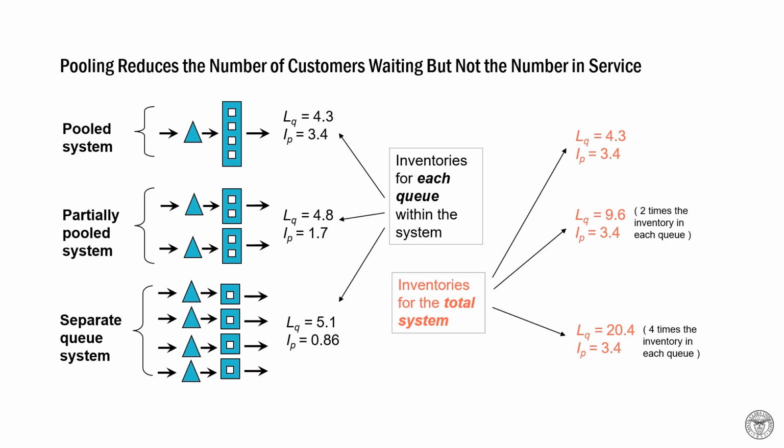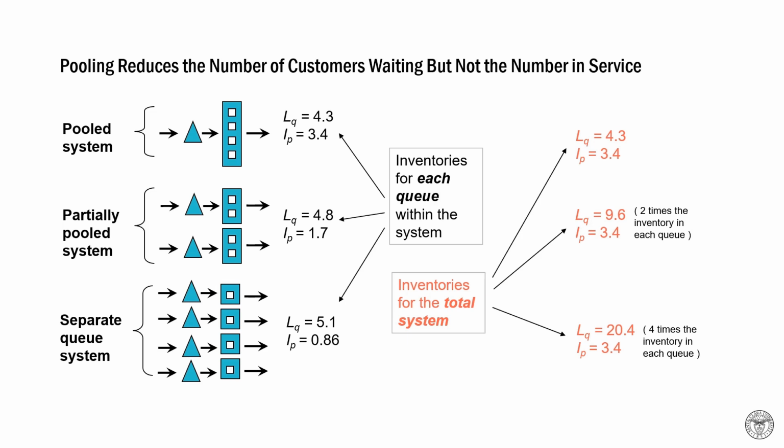However, when aggregated for the total system, with 4 queues in this case, the number of customers waiting shoots up to 20.4, whereas the total number of customers in service remains constant at 3.4.